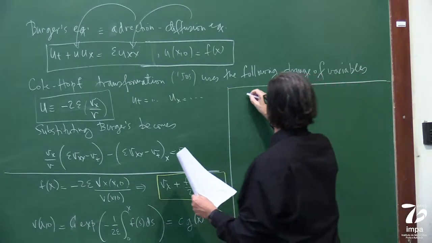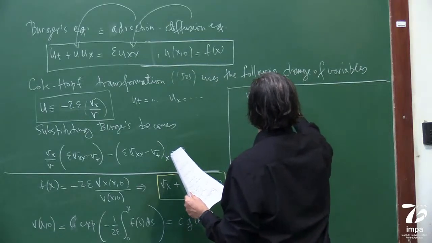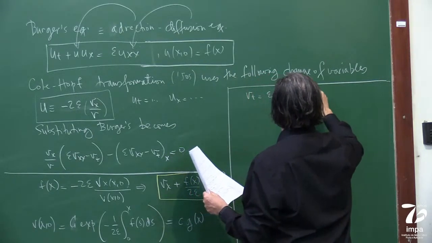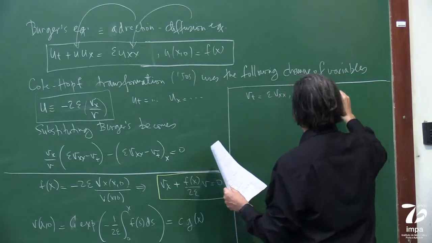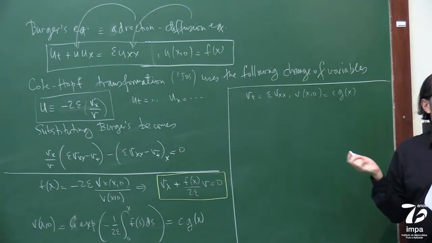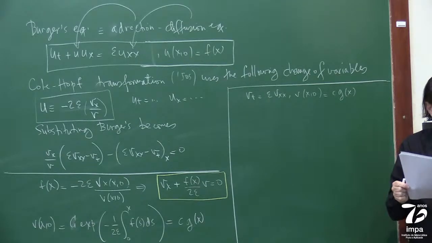Okay, let me erase this so I can use this space here. And look what we have. We have then that Vt is equal to epsilon Vxx, where Vx at 0 is equal to C G of x. We already solved this problem. Piece of cake, right?